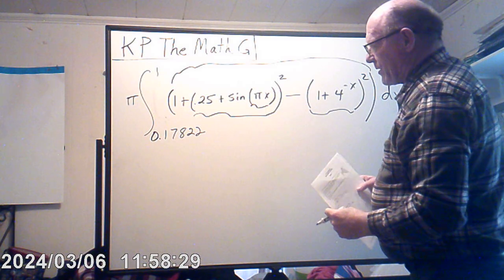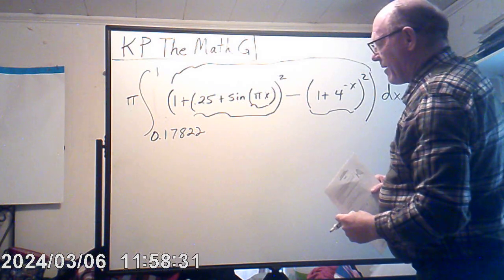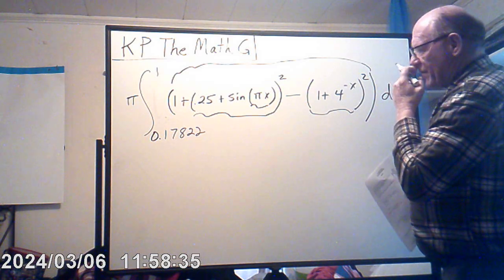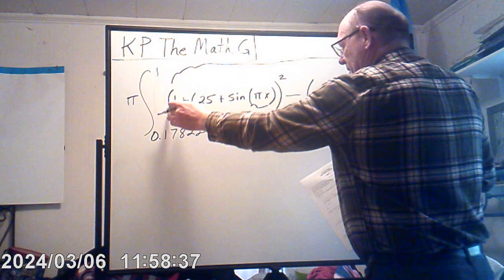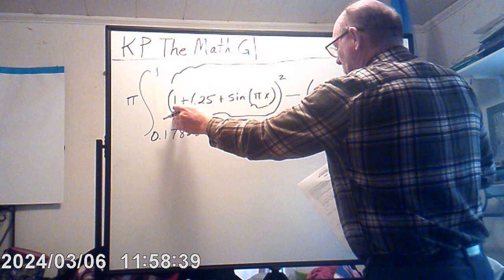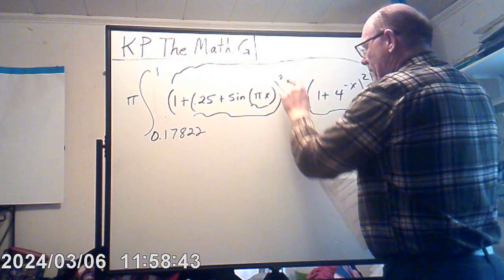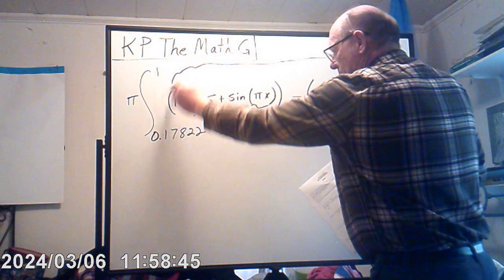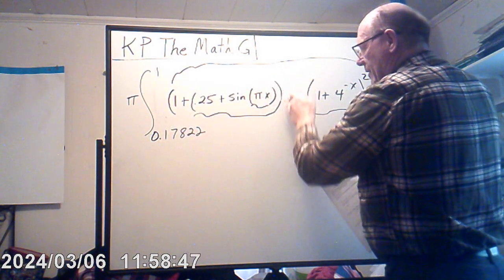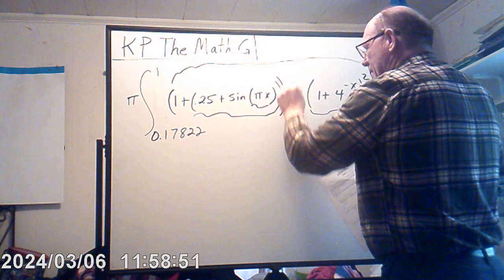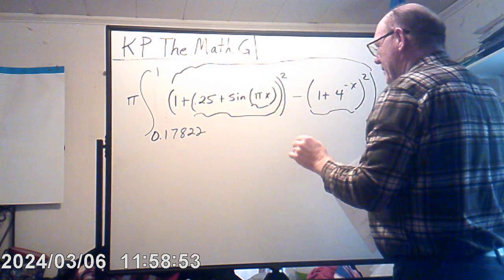You have to make sure that you have everything together here. I'm not sure. Let me think just a little bit about it. These two. Maybe this. I don't know. Squared, and then of course.